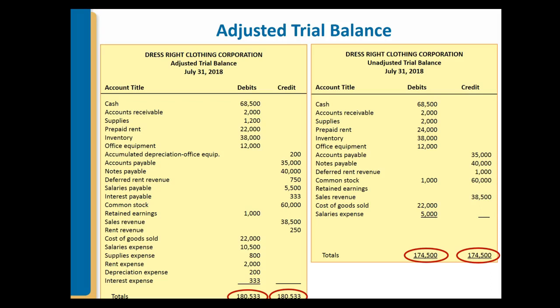Remember, in a trial balance, at any time the total of debit balances should equal the total of all credit balances. Now, note that after the adjusting entries, the total differs between the unadjusted trial balance we talked about earlier and the adjusted trial balance. Also, the total of debit balances still equals the total of all credit balances.